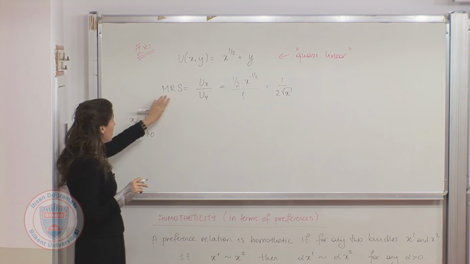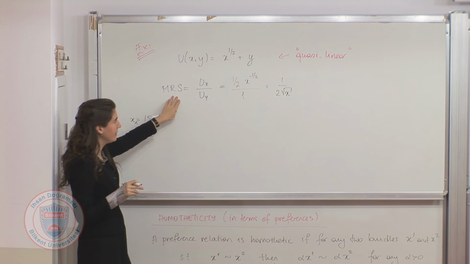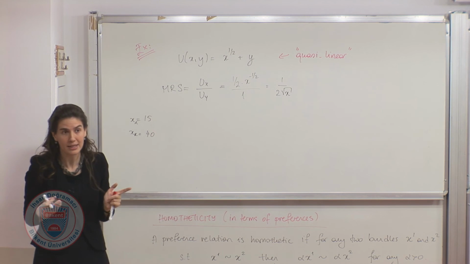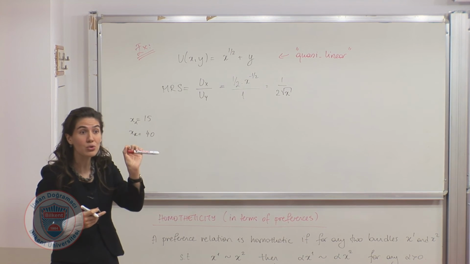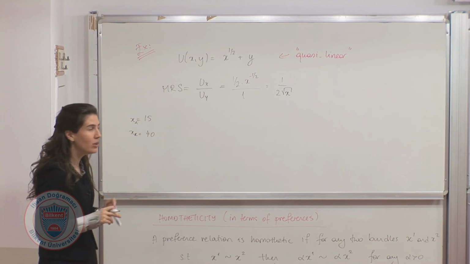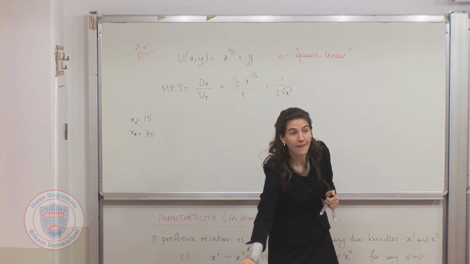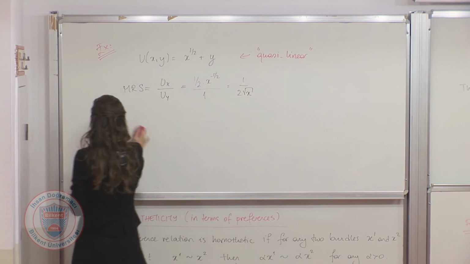This MRS doesn't depend on good y, but it depends on x, so is it going to be different for them? Yes. So it doesn't only depend on the ratio, but on the actual amount. So is it homothetic? No. This function is not homothetic.